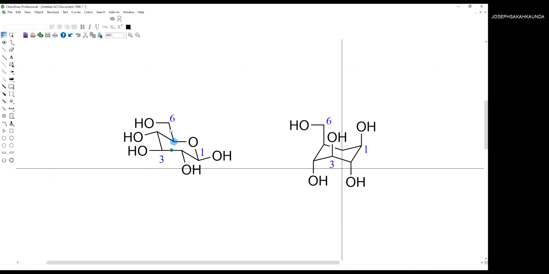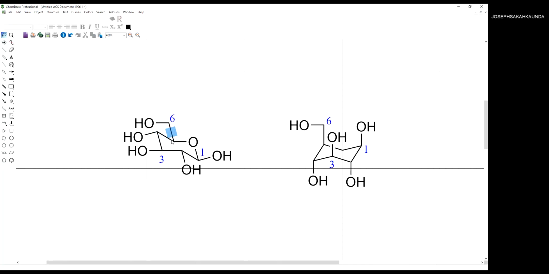Check the protons of carbon number 6. Which value do they correlate with in the HMBC? Because these protons will not correlate with this carbon. It is very far away. But you will see this carbon and this one, carbon 5 and carbon 4.